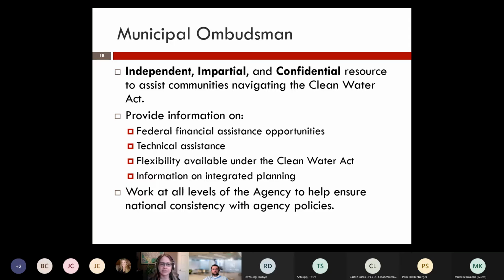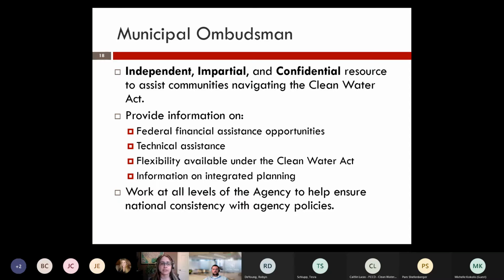So I also, of course, had the pleasure to continue to work very closely with Robin and our permitting teams at the agency. And the Office of the Municipal Ombudsman is housed in the Administrator's Office. It's within our Office of Congressional and Intergovernmental Relations, but that basically enables me to have access to really all levels of EPA. And I'm serving as an independent, impartial, and confidential resource for municipalities navigating the Clean Water Act.